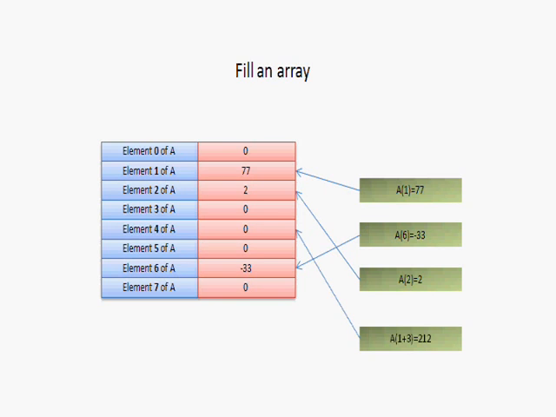Now another example is this. Let's say j is 7 and a(j) = 55. In this case, the computer will check what the current value of j is, so it will go to the cell whose address is 7 and replace its content with 55.